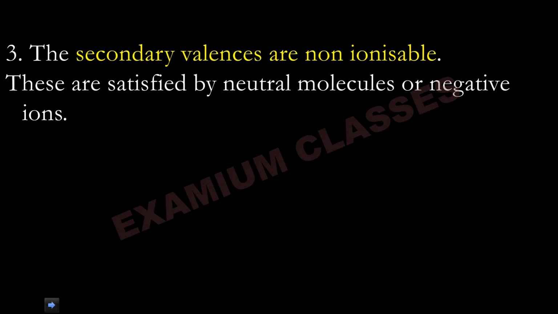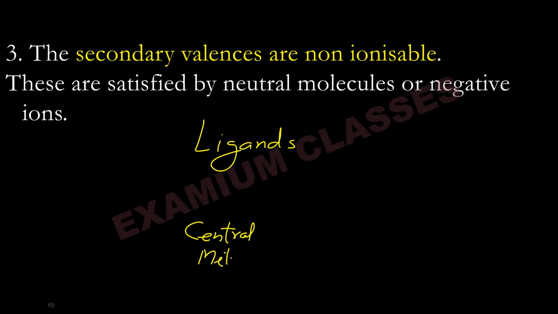The term is used as ligands. So you have a central metal, and this chapter is very, very easy if you just listen to me during the class. You can start solving the questions after the class.